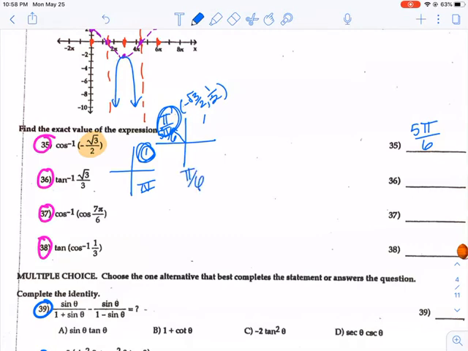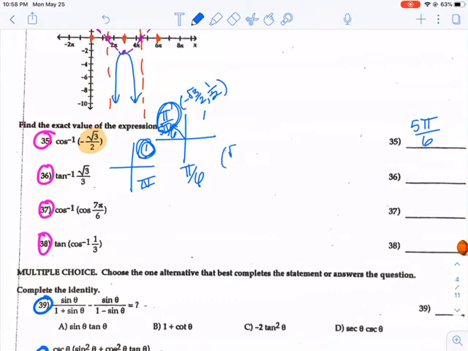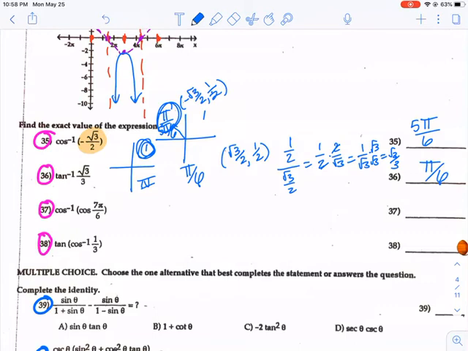At π/6, we had a coordinate of rad 3/2 up 1/2. So if I take 1/2 divided by rad 3/2, it's 1/2 times 2 over rad 3, just 1 over rad 3. When you rationalize it, it's rad 3/3. So that was at π/6. That's what you're looking for there, the angle.